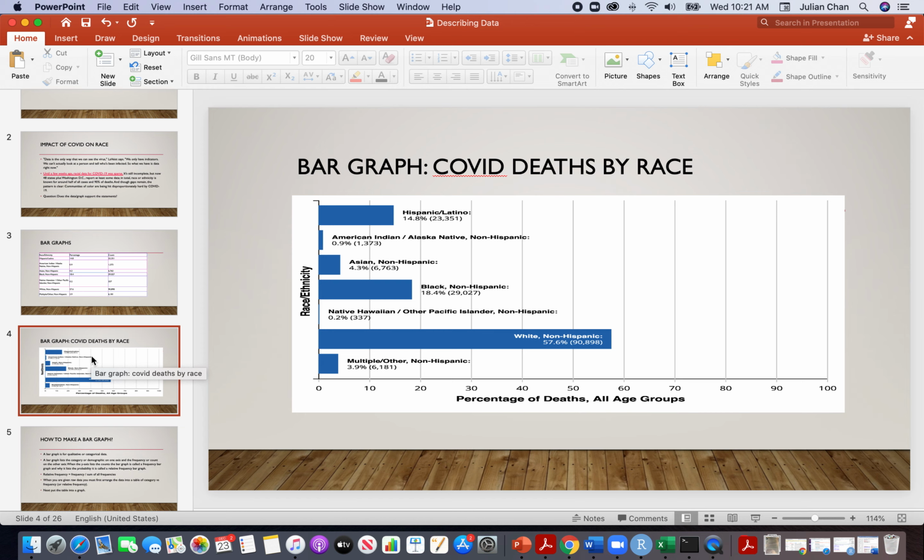graph can be misleading. What this graph fails to take into account is the proportion with which these individuals occur in the population.